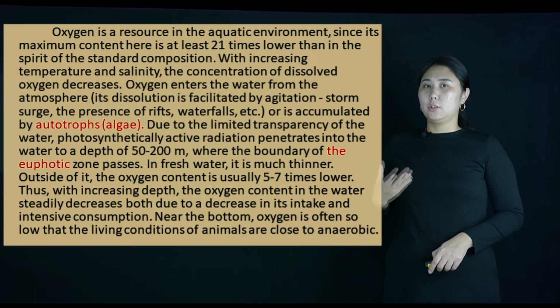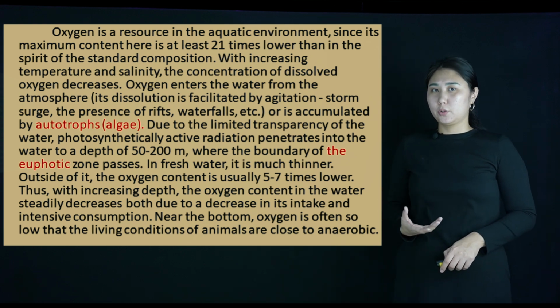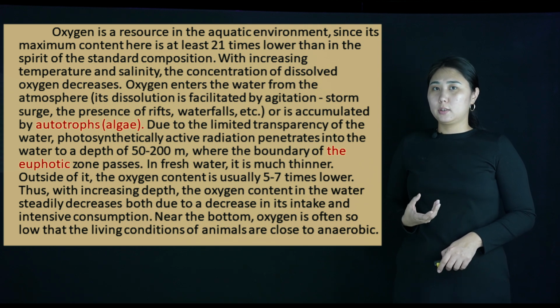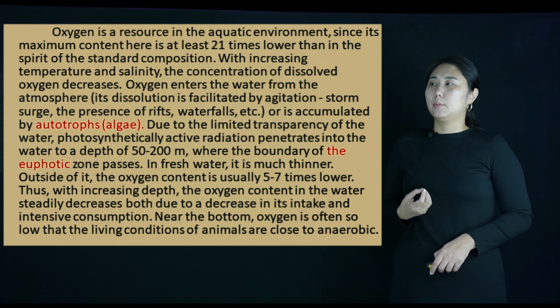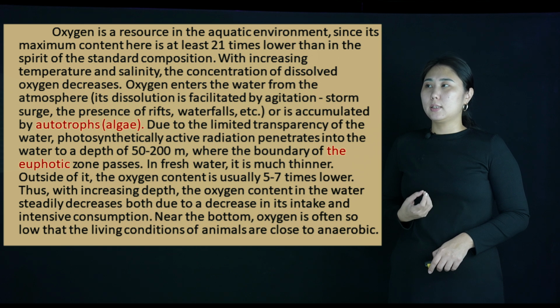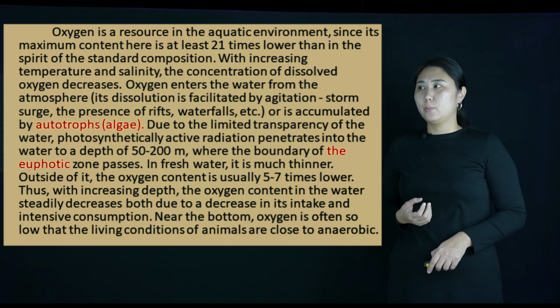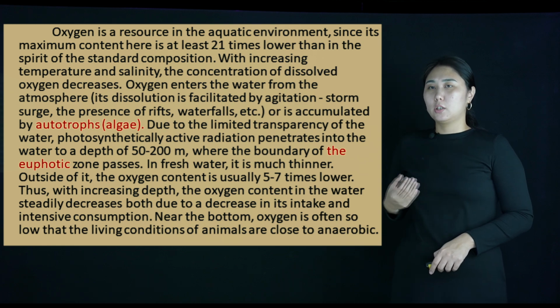Next is oxygen. Oxygen is an environmental factor for aquatic habitat. It's the resource, as we know, for the aquatic environment. The maximum content here is at least 21 times lower than in the standard composition of air. Oxygen enters the water from the atmosphere or is accumulated by autotrophs.